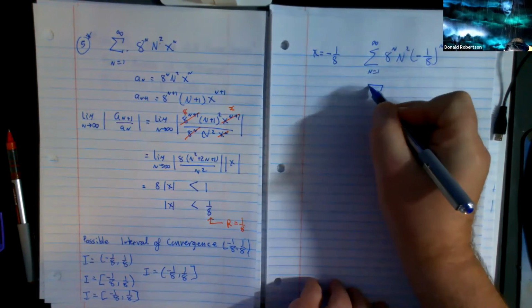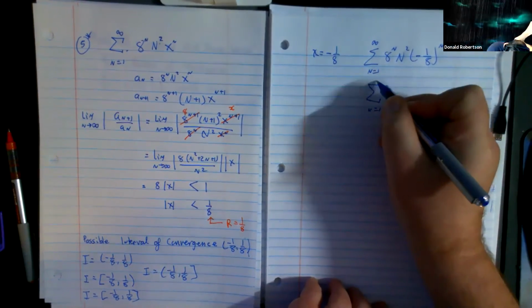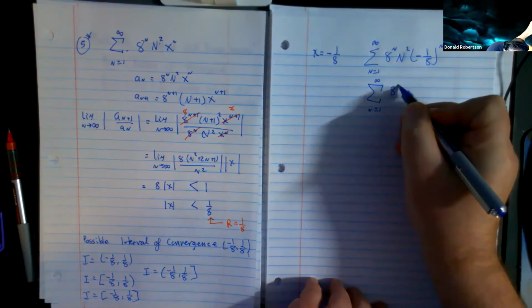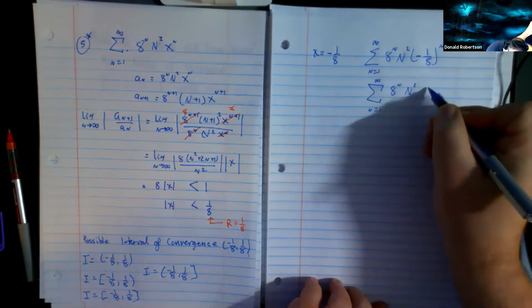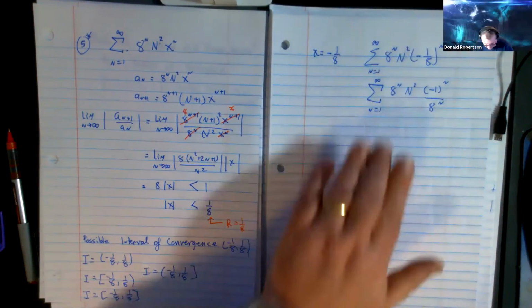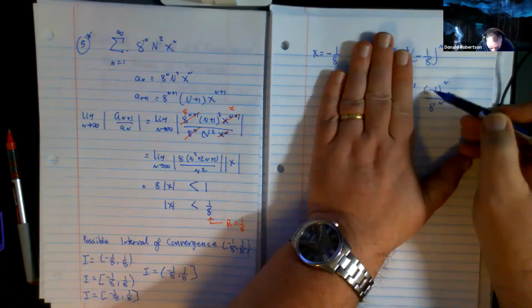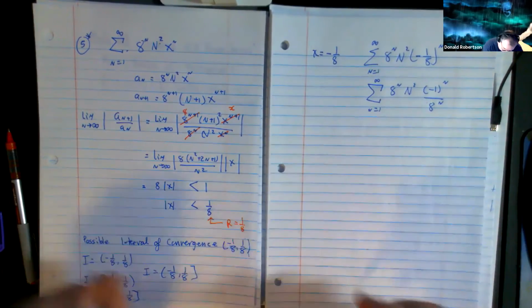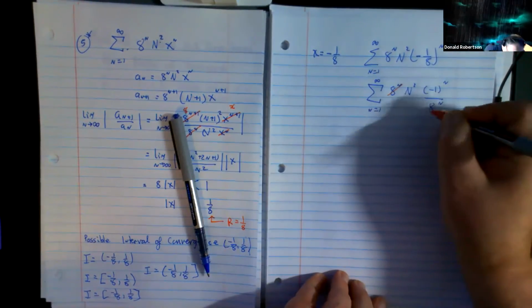And you have to do some kind of algebra, and it's a little bit messy, but it works. I'm going to split this up like that. So -1/8 is -1 to the n over 8 to the n. And the reason why I want to do that is I want to cancel these guys out.